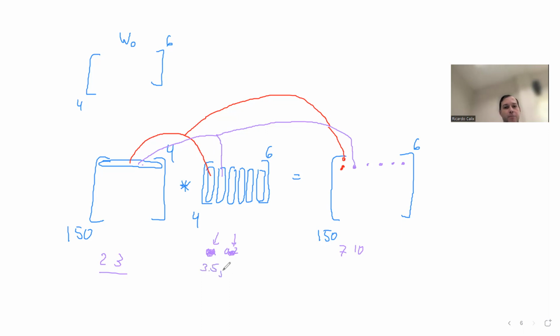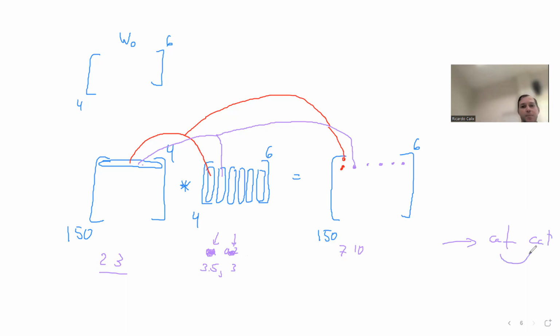And then what's the other one? 3. That gives me 7 and 9. No? Yeah. All right. So you see what I'm saying? So if I get 7 and 10 in the next prediction, I'm going to predict cat, and it is a cat. I compare those two.